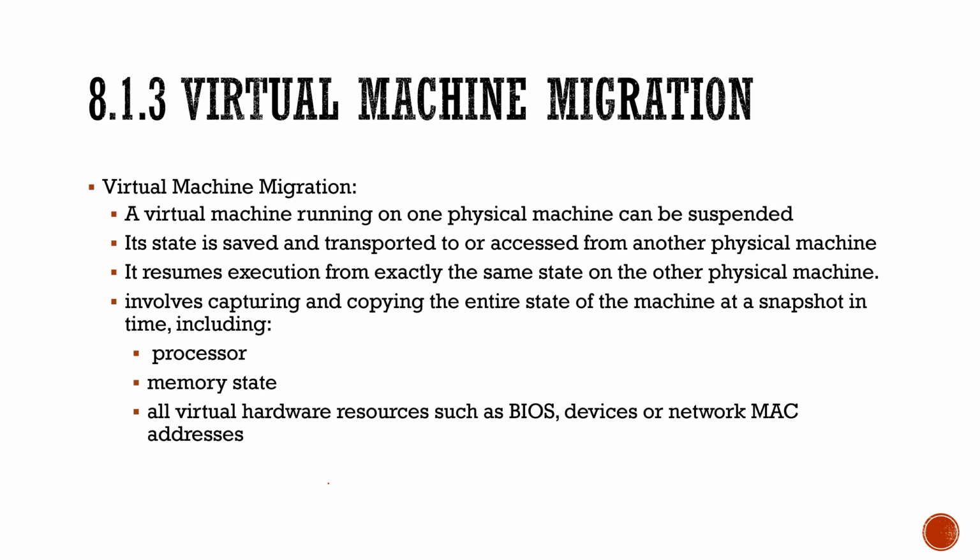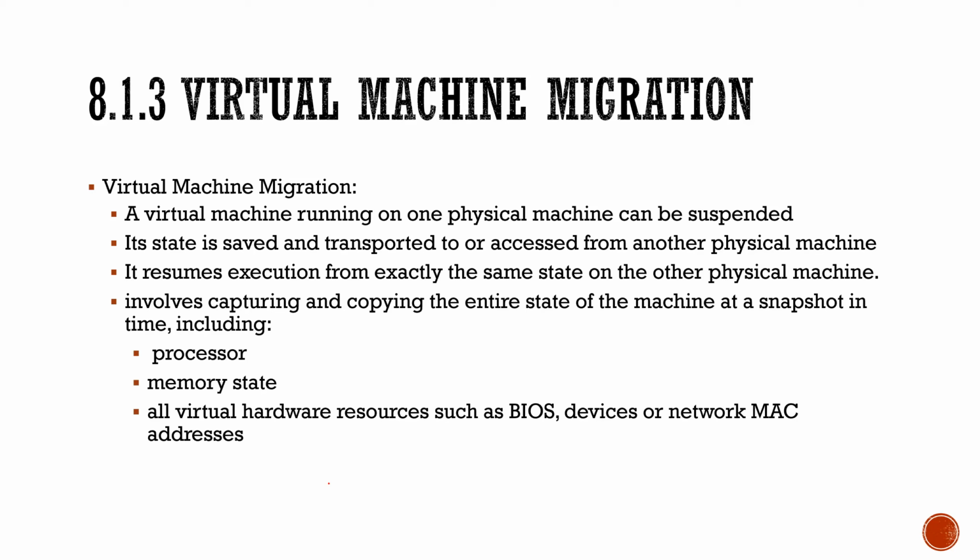A virtual machine running on one physical machine can be transferred or migrated to a different machine. Its state, the state of that virtual machine at any snapshot in time, can be suspended, saved, and transported to a different physical machine.